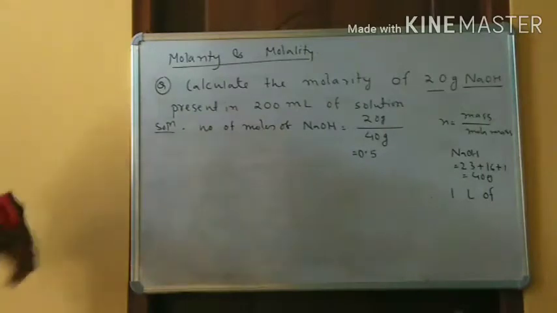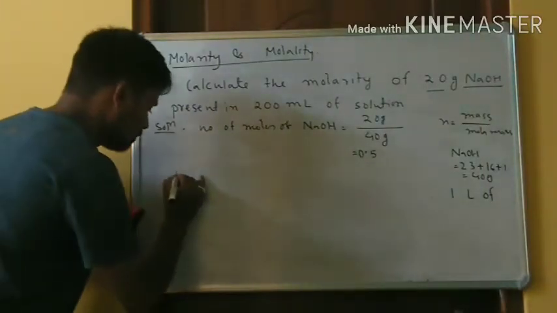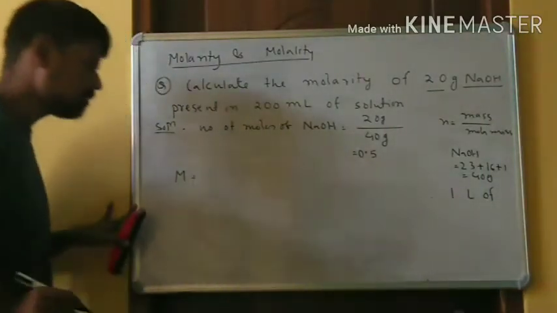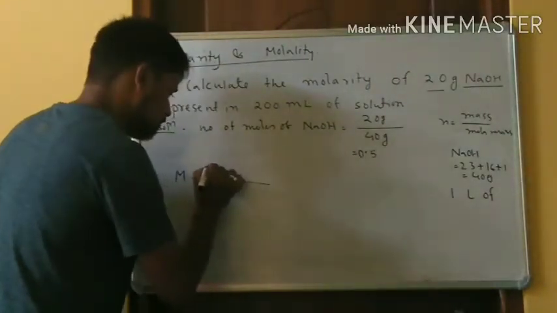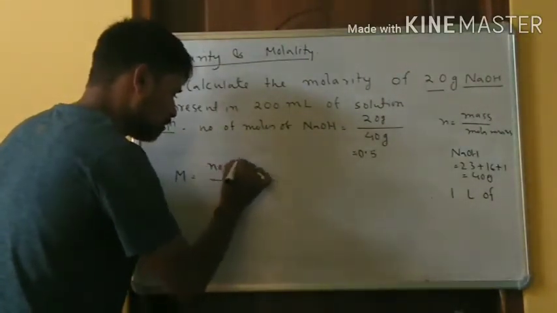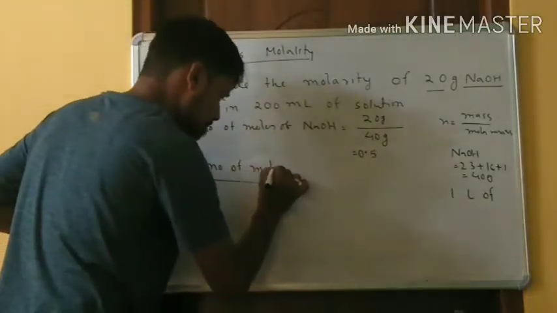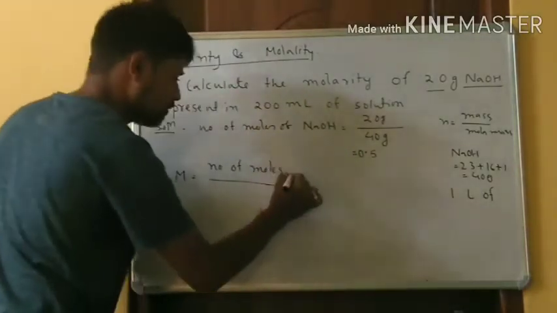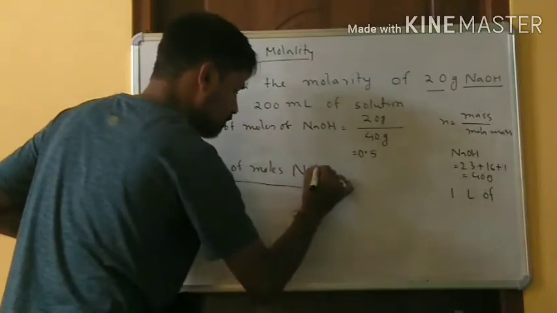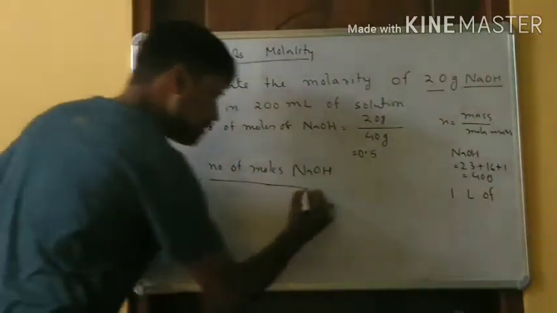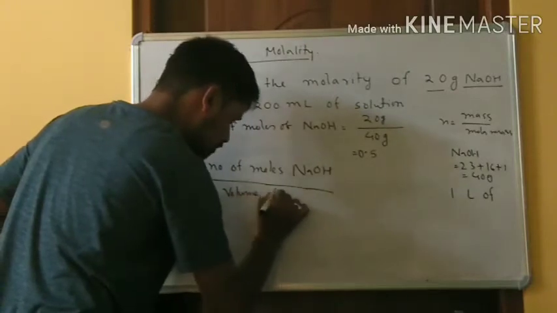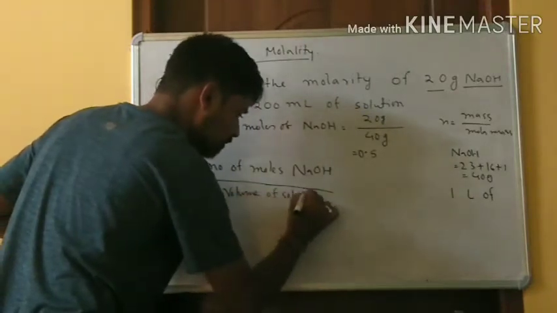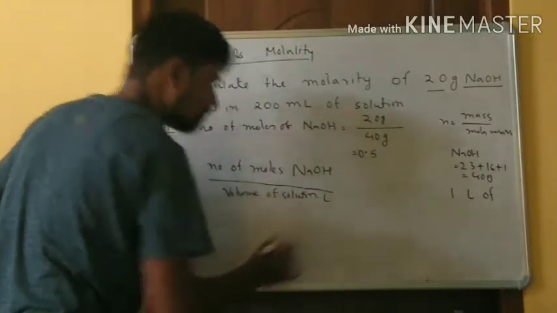Now we have to calculate molarity. Molarity M equals number of moles of solute, here NaOH, divided by volume of solution in liter.